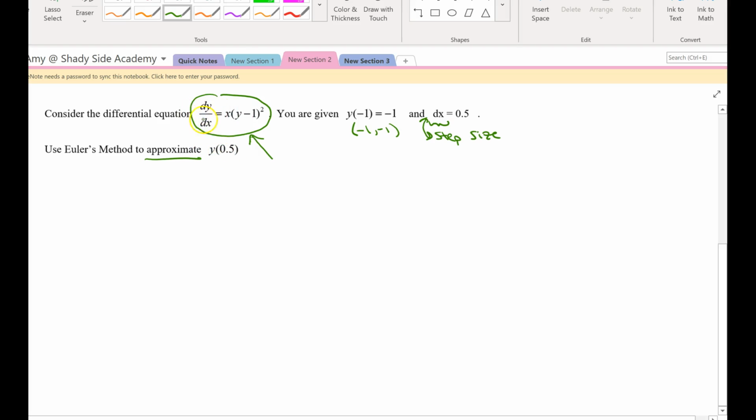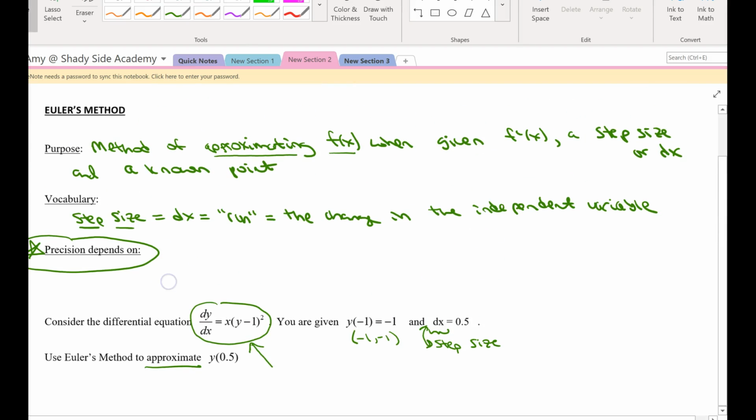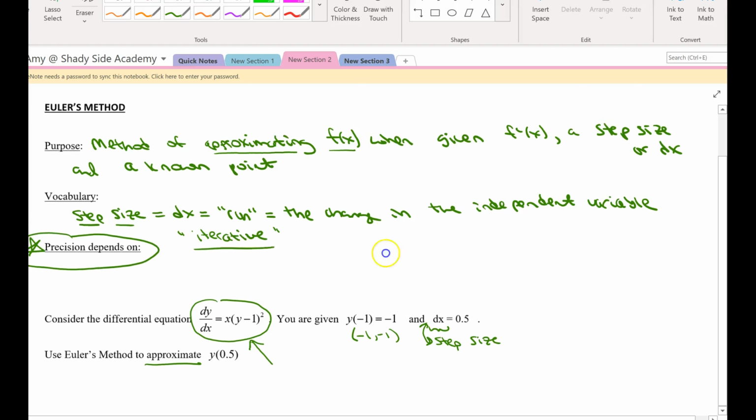So I want to find what the dependent variable will equal at x equals 0.5. So here's how Euler's method works. Euler's method is an iterative process, okay? Iterative really means repetitive. Iterative means you do something procedurally, sometimes several times.